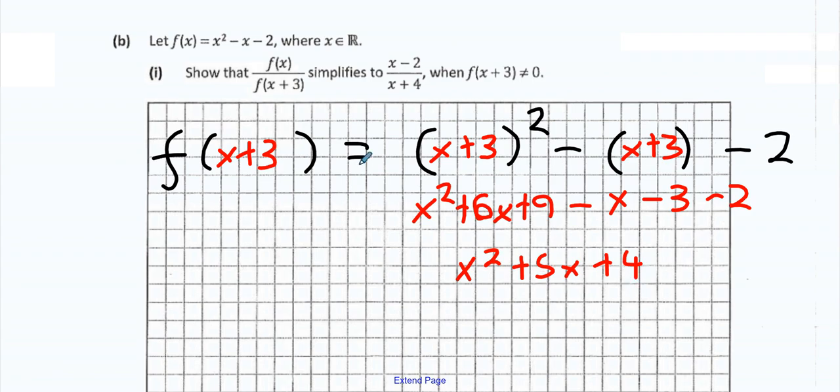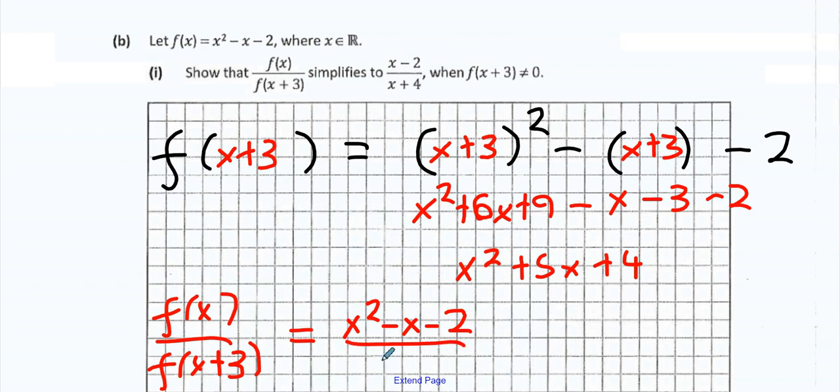We cool? Now, this function, f of x divided by f of x plus 3, becomes x squared minus x minus 2, all divided by x squared plus 5x plus 4. Everybody cool with that?